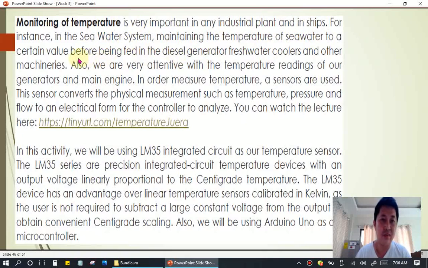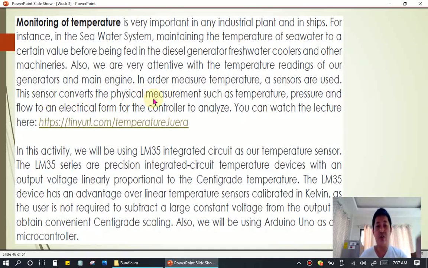We are also very attentive with the temperature readings of our generators and main engine. So in order to measure temperature, sensors are used. Those sensors we discussed measure physical quantities such as temperature, pressure, and flow, and convert them to an electrical form for the controller to analyze.